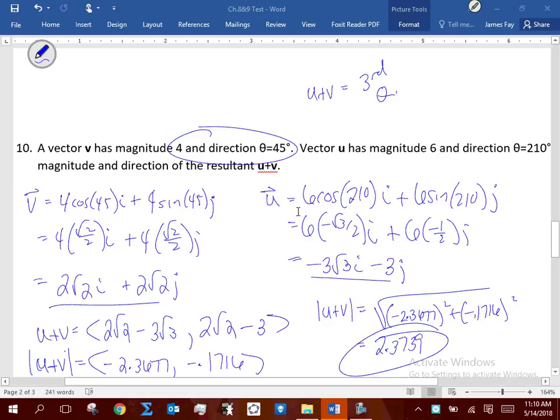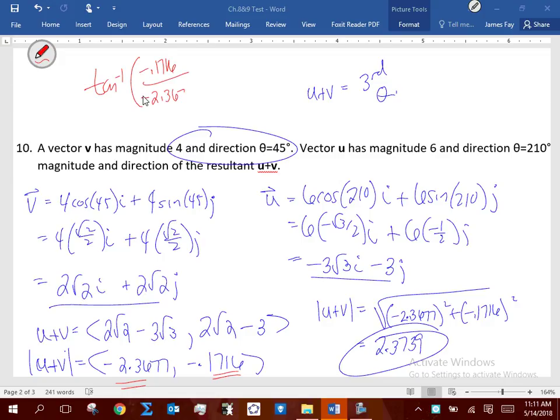Now I need to find theta. This is my x's and y's for my components, from the i's and j's. So all we do is we take that one divided by that one. So you go tangent inverse of negative 0.1716 divided by negative 2.3677, and that should give us theta, which if we calculate that, gives us 4.145 degrees.